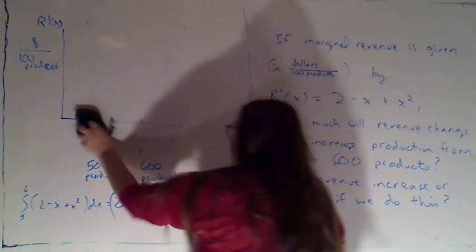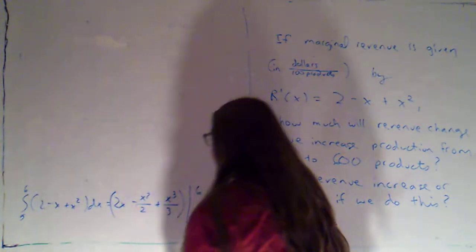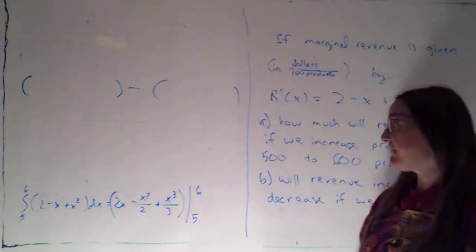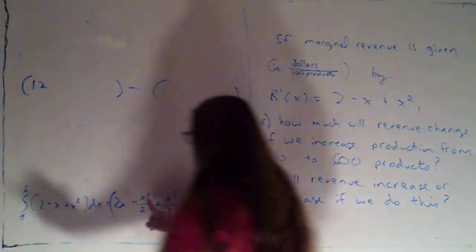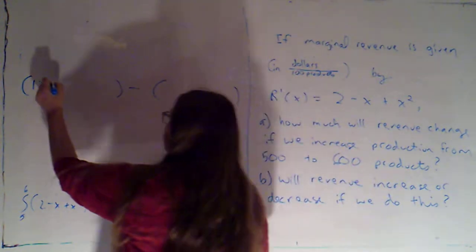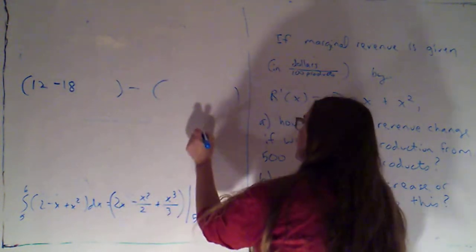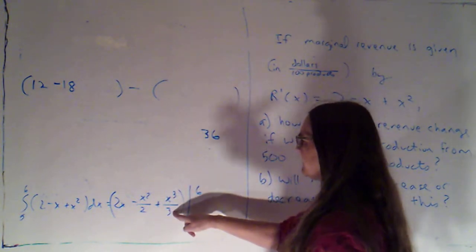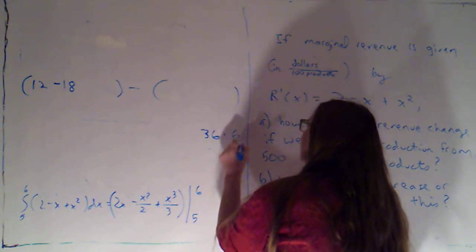Okay, so I need some space. So I'll erase this. So that's going to be what I get at 6 minus what I get at 5. When I plug in 6, I'm going to get 12, minus 6 squared is 36, divided by 2 would be 18, so minus 18, plus 6 cubed, that's going to be 36 times 6, but then I'm going to divide by 3. So I'm just going to say it's 36 times 6 divided by 3.